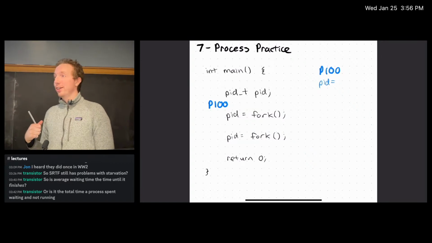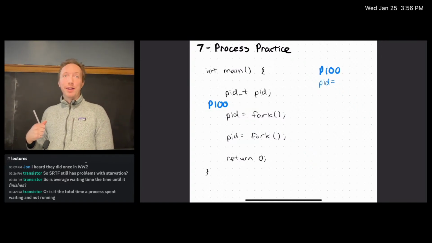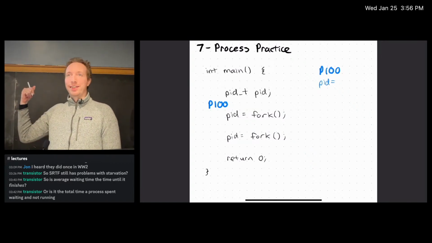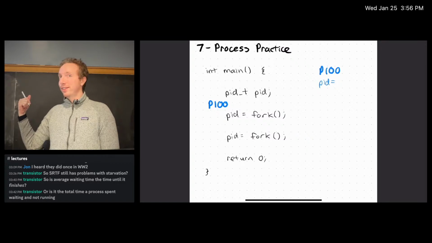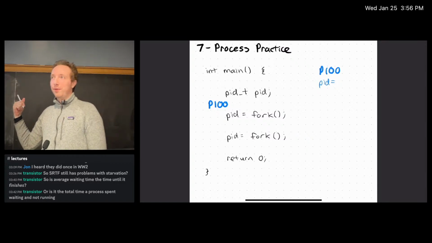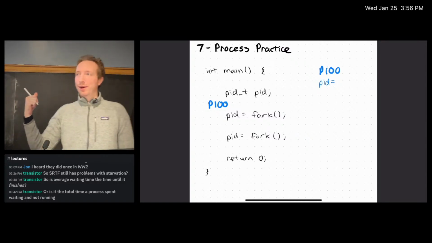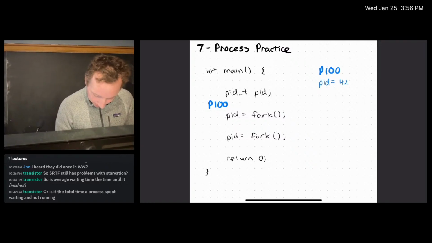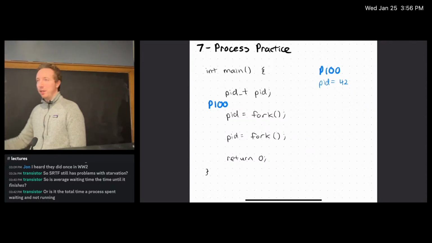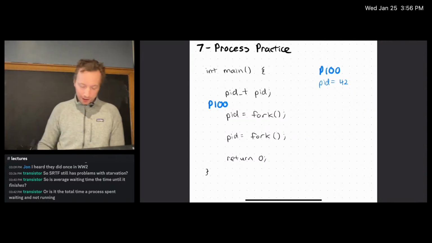The value of PID now, it's just an uninitialized integer. So what's its value? 0 if you're lucky, undefined behavior otherwise. So it's garbage. Let's just make up a value so we can keep track of it. I'll assume it's 42 just for fun.